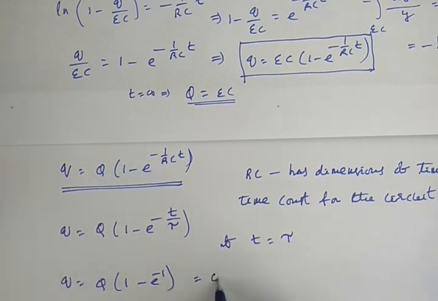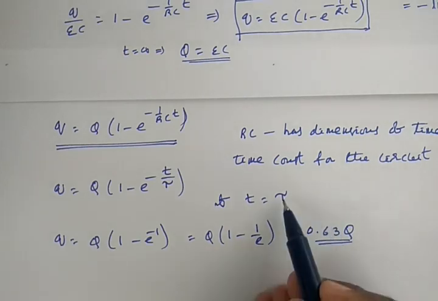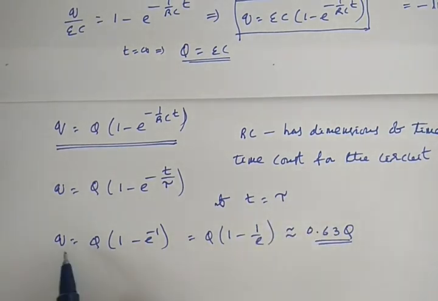That is Q into 1 minus 1 by e, which is roughly 0.63 times Q. So if you wait for one time constant, the charge that appears on the plates of the capacitor is 0.63 times the maximum charge.